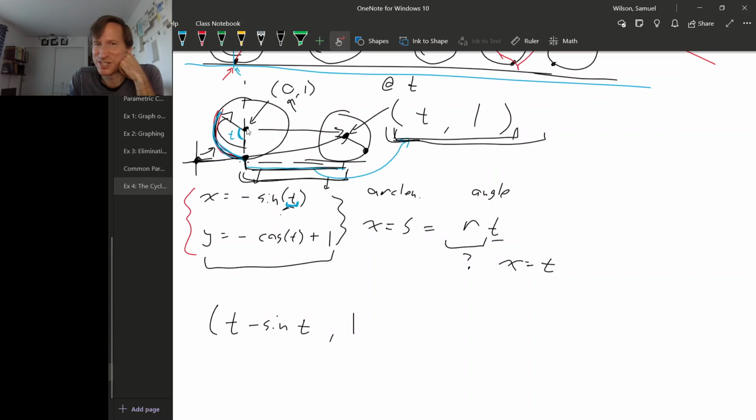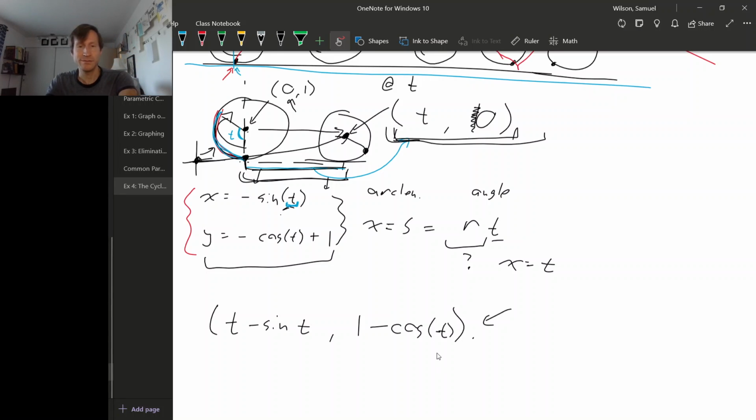In the y direction, the center of the circle is still at height 1, so since it hasn't moved in the y direction, I don't need a 1 here, I need a 0. Okay, so putting these two motions together in the y direction, we get just 1 minus cosine t. So this is a parametric curve that traces out the cycloid.